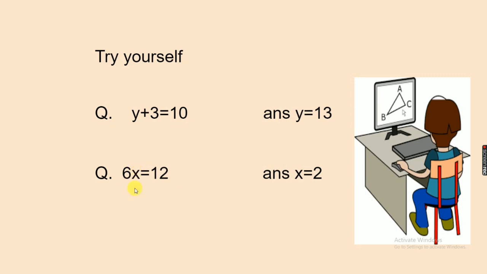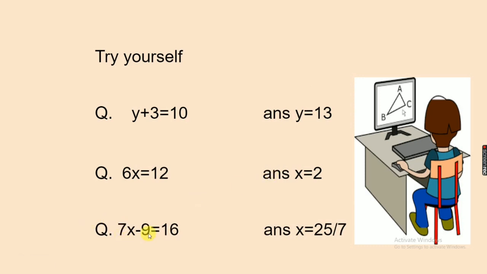If anything is divided by the variable, then it would go in the multiplication if we shift it to the other side. So these are your questions which you have to solve yourself, and here I have provided you the answers also to check your answer.